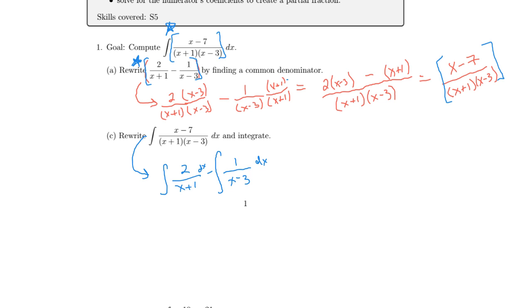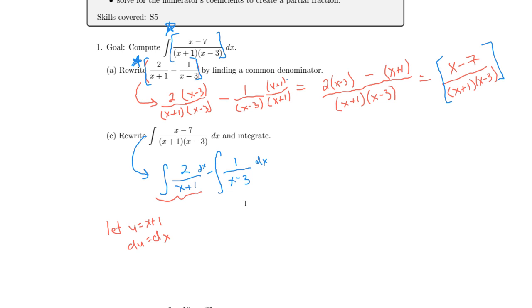And each of these, because it has a constant in the numerator and a single copy of x in the denominator, like an x plus 1 or an x minus 3, I can solve each of these using substitution. So for the one on the left, I can say let u equal x plus 1. Notice du in this case will just equal dx.